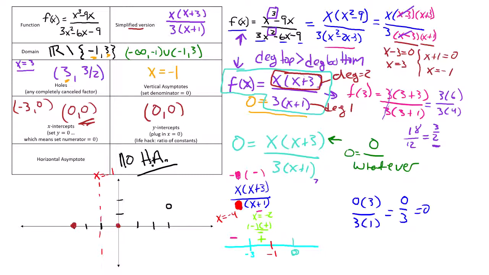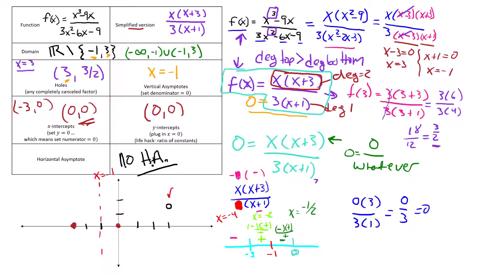If I pick some value between 0 and negative 1, suppose I pick negative 1/2, I'm going to get negative 1/2 for x, negative 1/2 plus 3 is positive, and negative 1/2 plus 1 is also positive. So we only have one negative here, so it's going to be negative on that part of the domain. And then when I pick anything bigger than 0, we actually know, right?